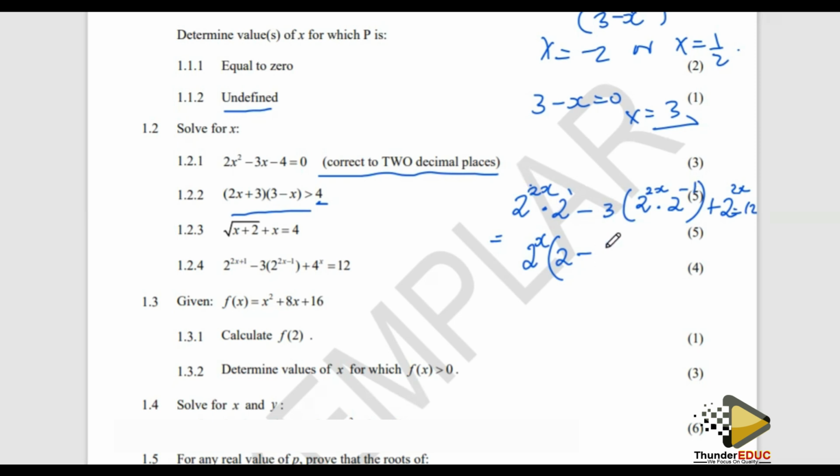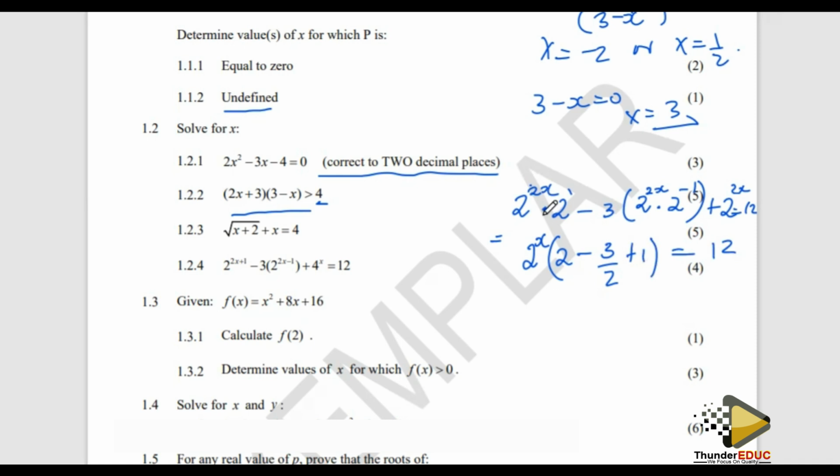So I'm going to be left with 3, and the 2 goes down and becomes a denominator. Then there's still something extra in the bracket. I remove the 2 to the x from there, and I'll be left with a plus 1. This is equal to 12.